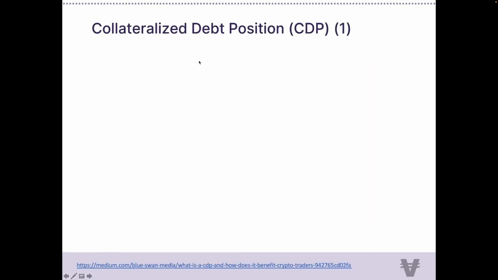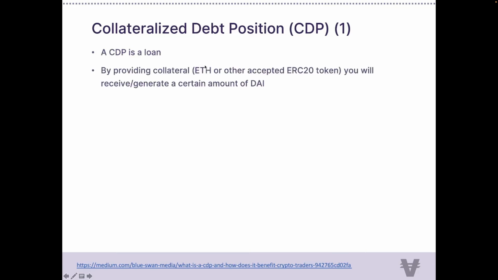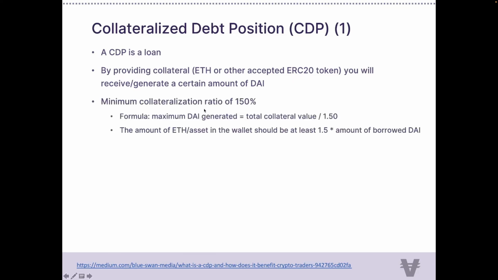So what is a CDP? Well, it's basically a loan. What happens is you provide collateral. This can be Ether or any other accepted ERC20 token through their governance system, and you will receive or generate a certain amount of DAI, which depends on how much collateral you give and what your collateralization ratio is.